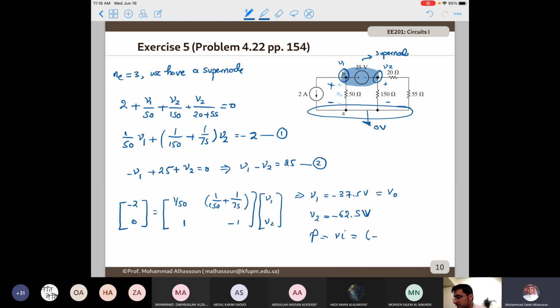However, V is negative, which is 37.5 multiplied by the current, which is 2. This is going to give me minus 75 watts. And that current source is actually delivering power to the circuit. Is it clear, Shabab? Okay, very good.